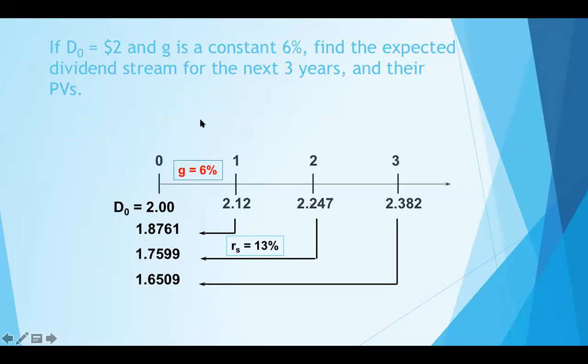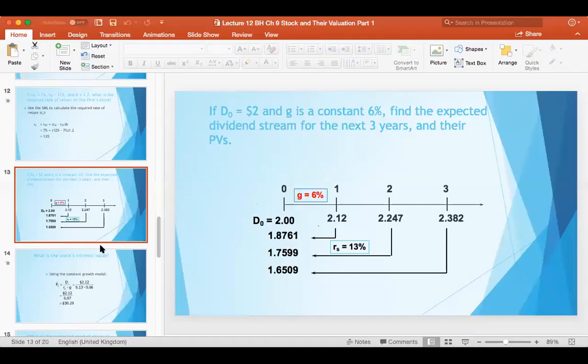Okay. Assume today's dividend is $2, and the growth rate is 6%. So next year's dividend should be 6% more, which is 2 times 1.06. Let me write here, new slide.